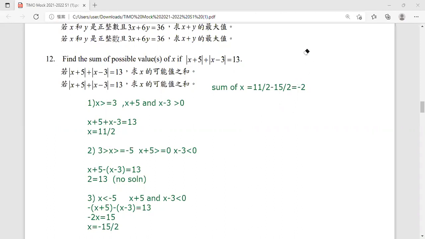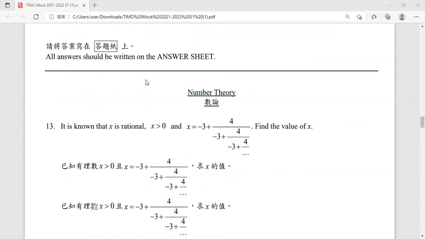Okay. Any question? Any question on this one? Okay, then I continue. If no question, I continue. Okay, this one. 13.